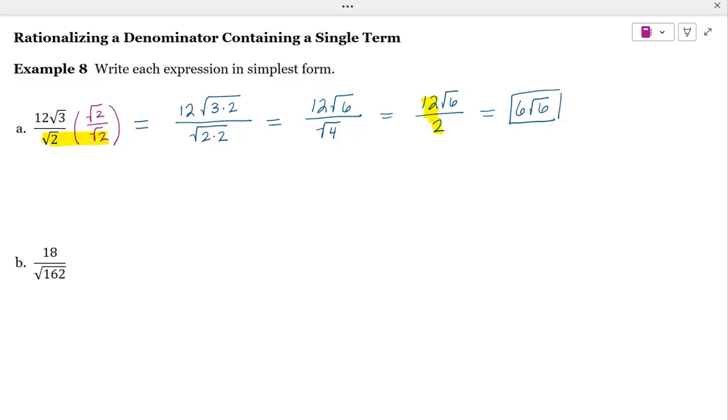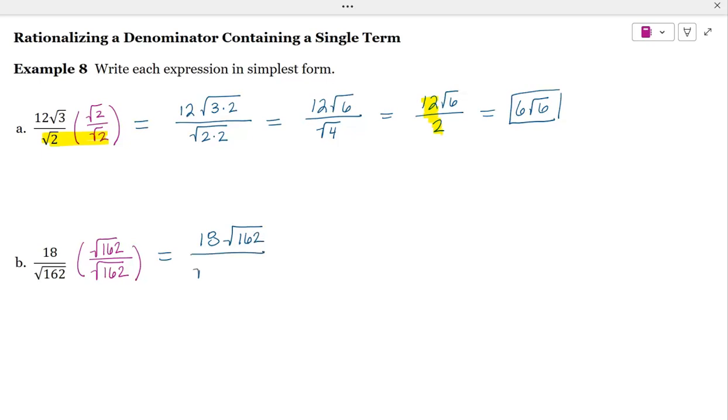Looking at example B, we'll follow that same idea. Let's multiply both the numerator and the denominator by the square root of 162. In the numerator, I'll have 18 times the square root of 162.